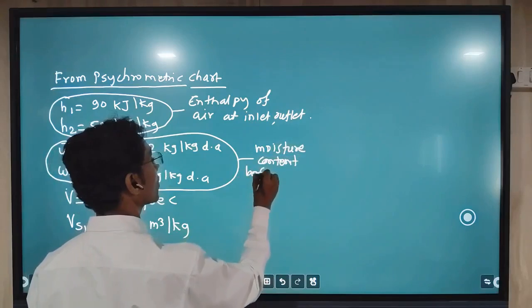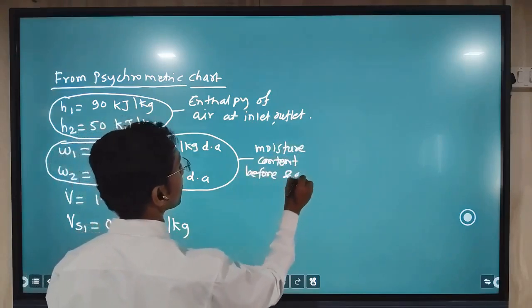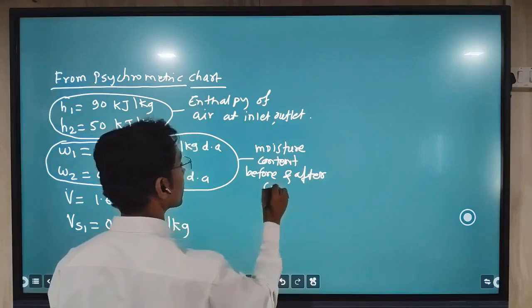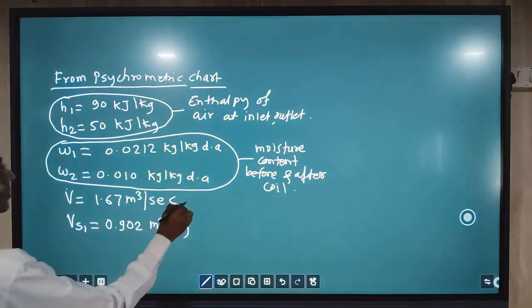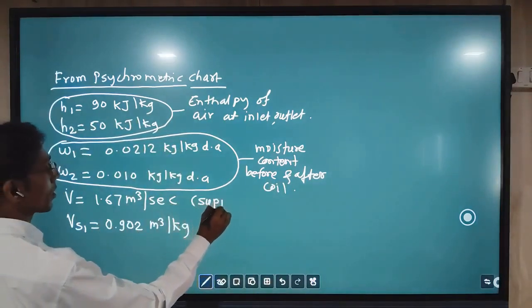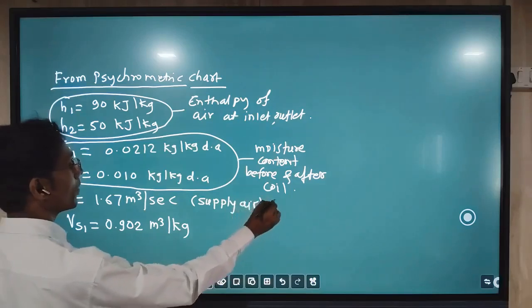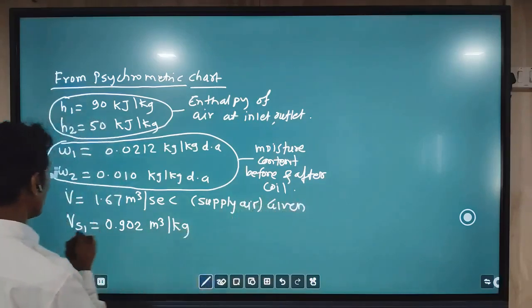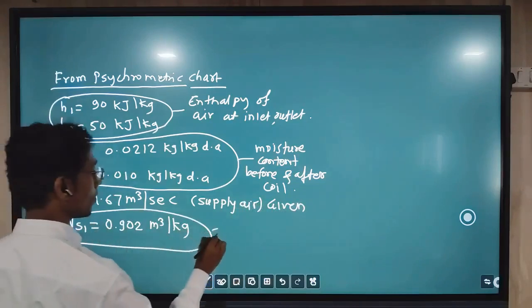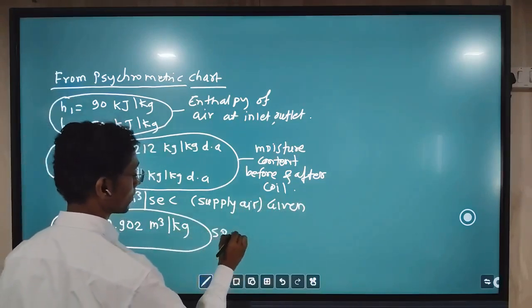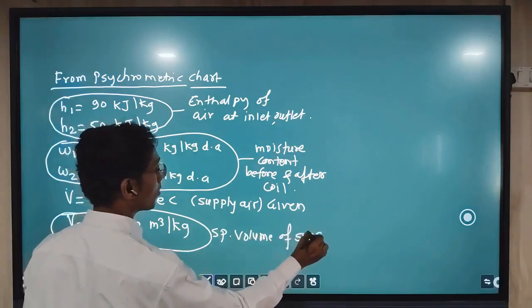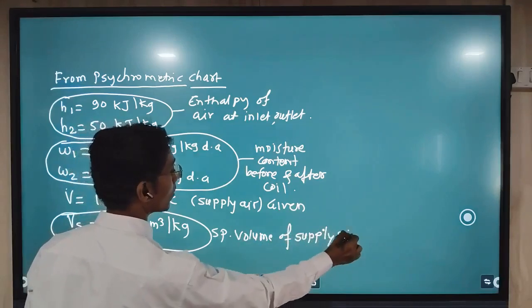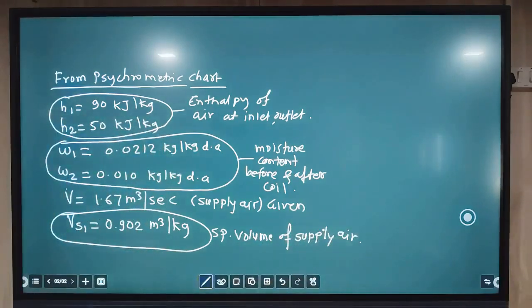We call this before and after the coil. And this is a given value, the supply air, and specific volume is obtained from the chart. Now we will use these values to calculate the load.